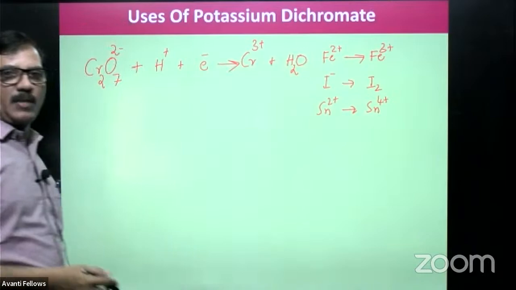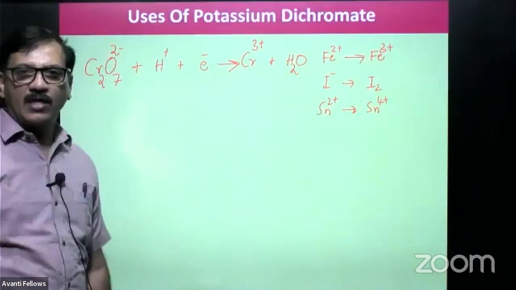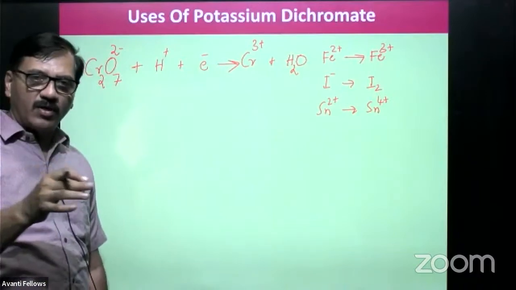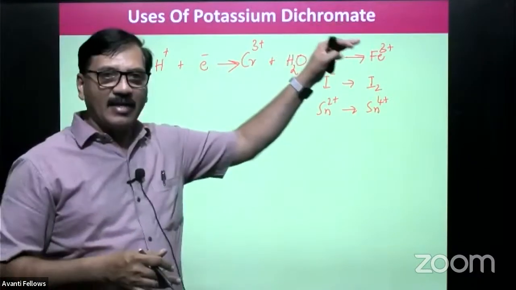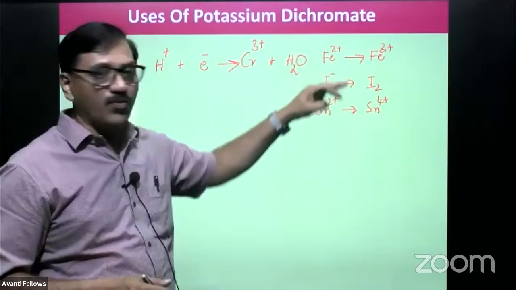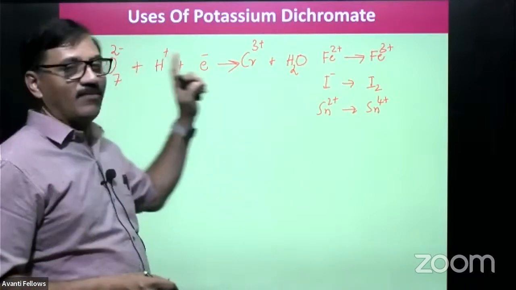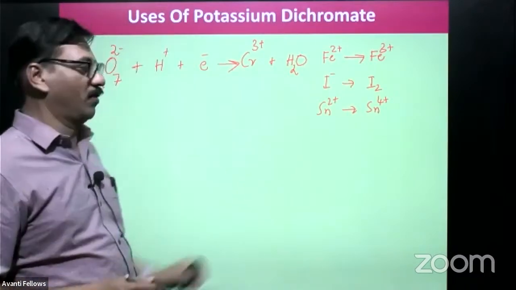This half reaction you have to remember; it is required for writing the equation for all of these. For any of these, if you want to write the equation, you need to remember this. Dichromate ion will give Cr3+ ion, right?